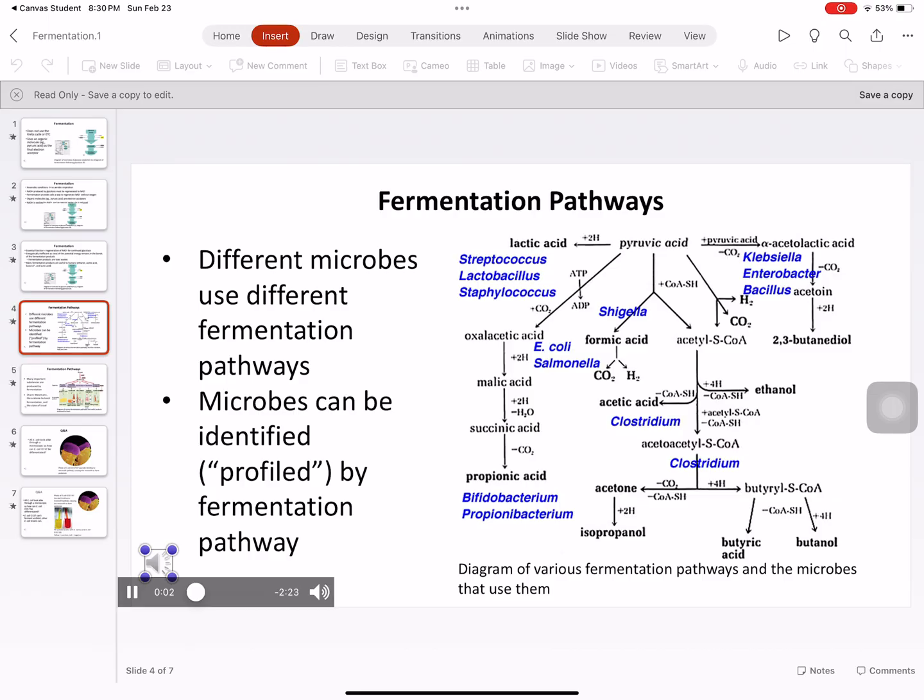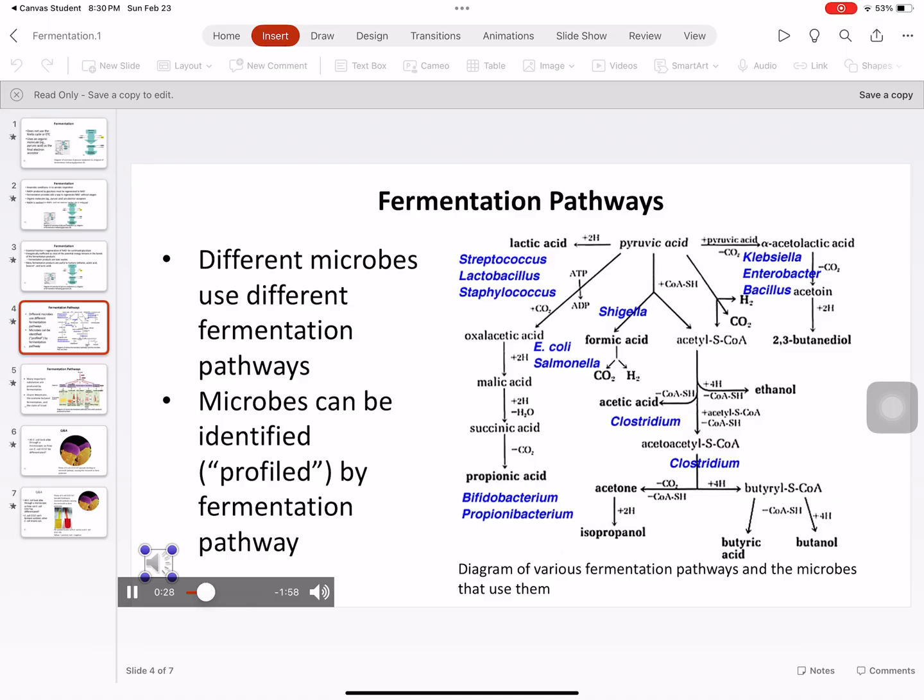We noted earlier that in fermentation, pyruvic acid, or a derivative of pyruvic acid, was used as the terminal electron acceptor. And so what we're looking at in our figure is a diagram of a variety of fermentation pathways and then the microbes that use those pathways.